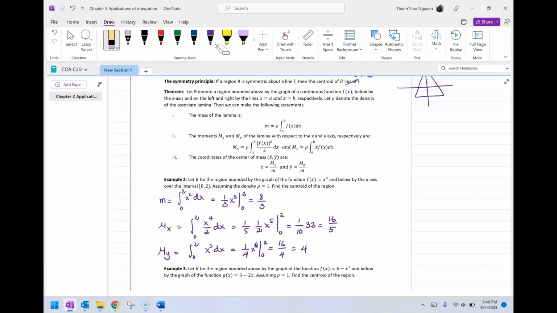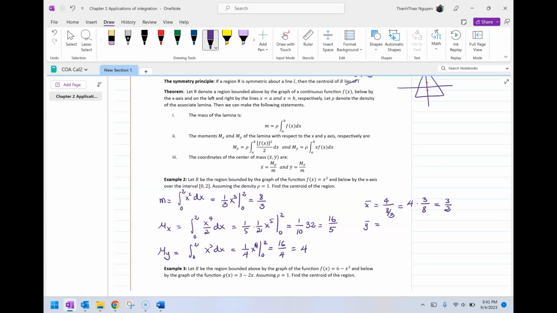Now that we have the moment with respect to x and the moment with respect to y, and we also have the total mass, we can find the center. X bar is equal to 4 divided by 8 over 3. So that is 4 times 3 over 8. So 3 over 2.